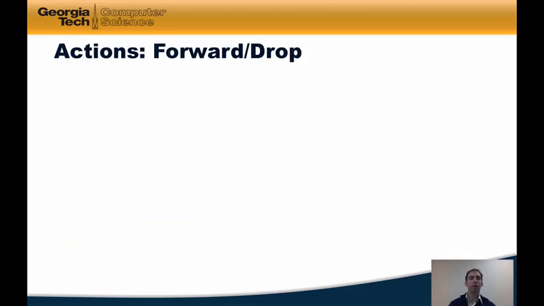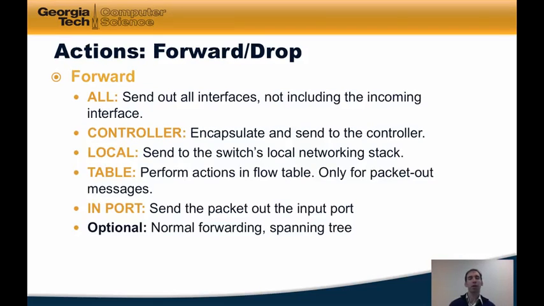Once the switch identifies a matching flow table entry, it will perform the action that is specified in that flow table entry. 2 mandatory actions in the OpenFlow protocol specification are forwarding the packet and dropping it. Now, forwarding can include several possibilities.